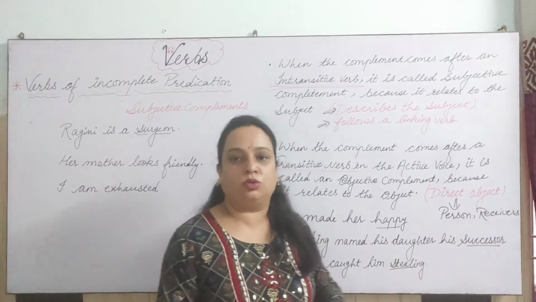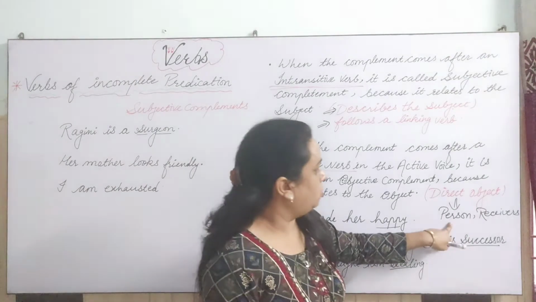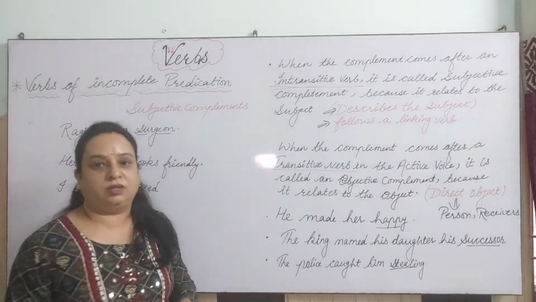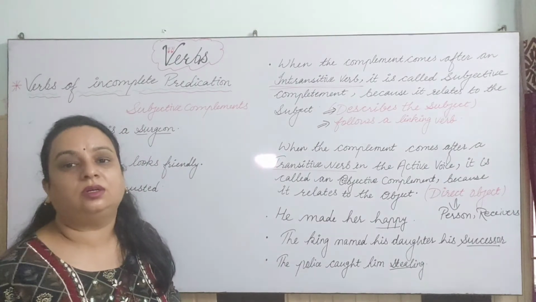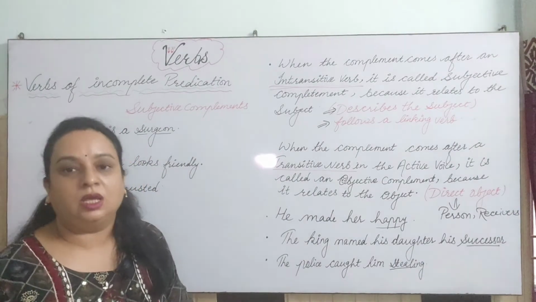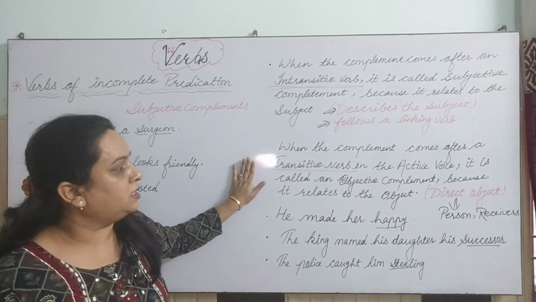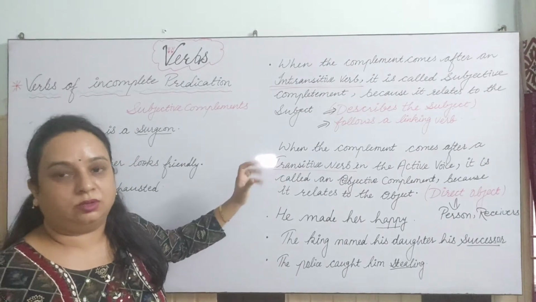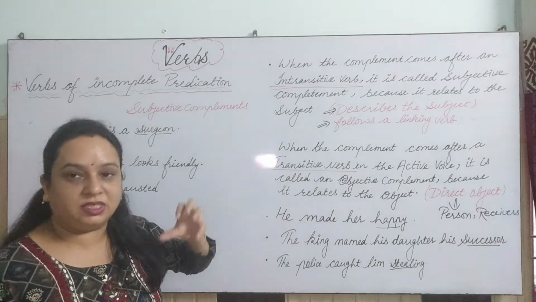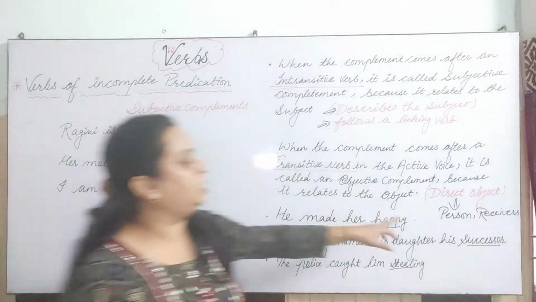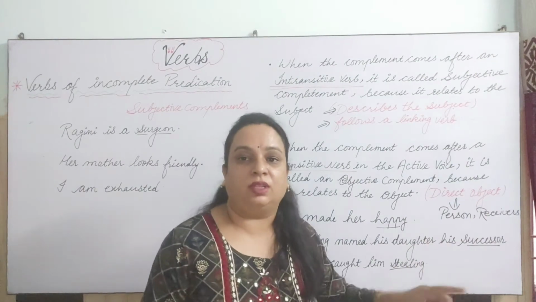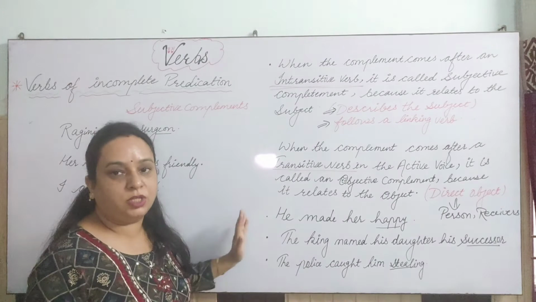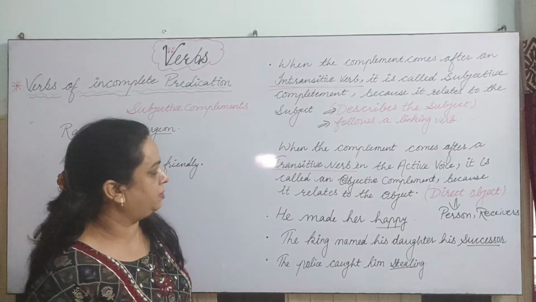Okay, things can also be receivers. So when it describes the direct object or the person, that will work as objective complement, and this objective complement will always relate something about the person or the receiver after the verbs. Okay, so let's understand objective complement first with the help of examples.